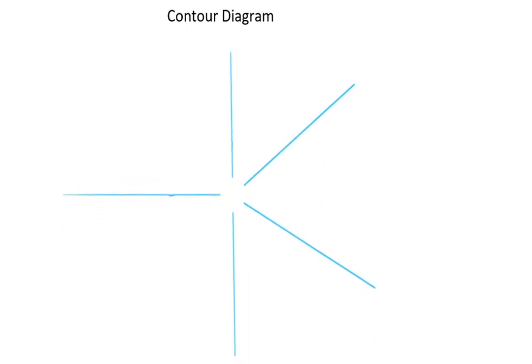Now, thanks to the VSEPR diagram from earlier, we have our trigonal bipyramidal shape. All we have to do is fill in the information we learned from the box diagram.